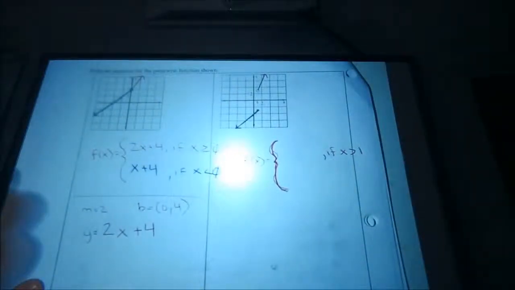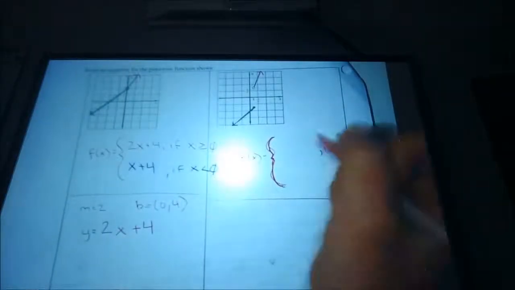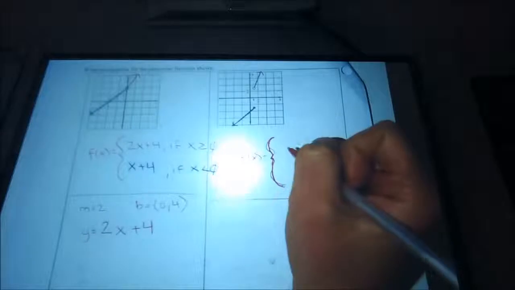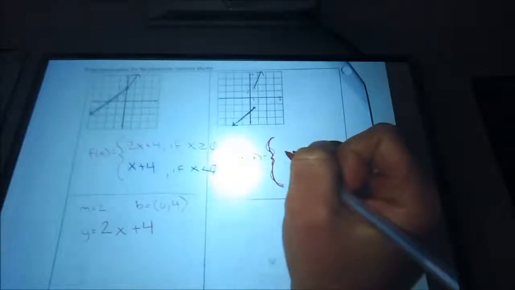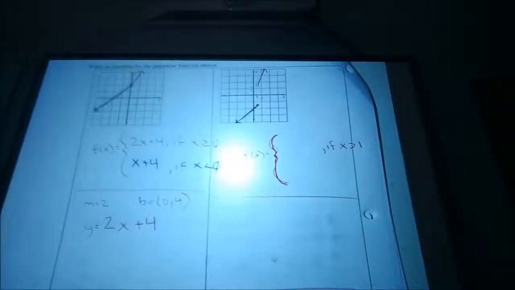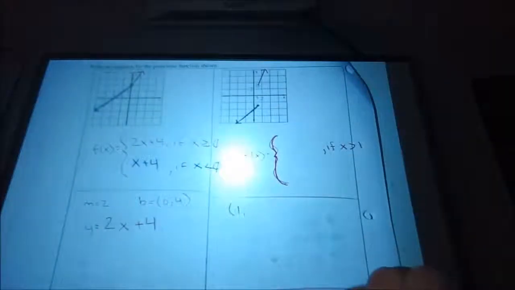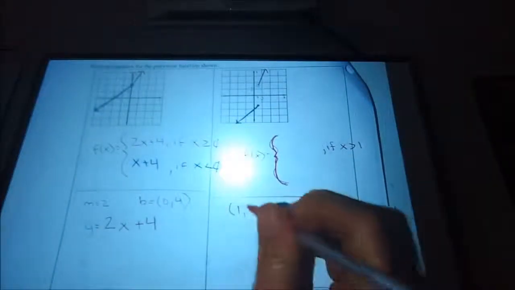So let's now figure out what our line is. So what's our slope? Would you like to do 2 points? What's the point that's given to us? 1, halfway between 2 and 4 is 3.